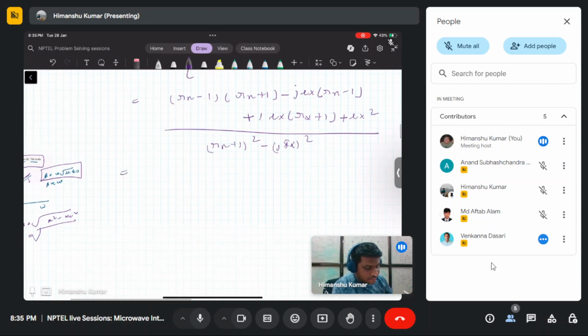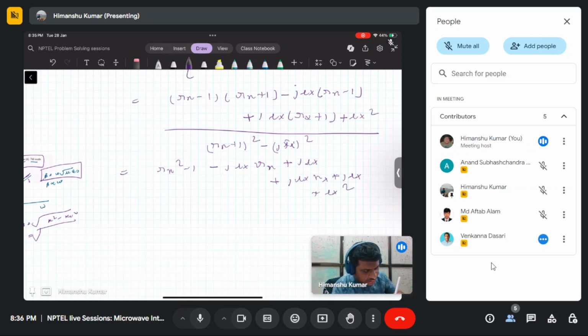So now if we simplify, this will become rx square minus 1, because this is a square minus b square, minus j times ix rx plus j times ix. Similarly, the other terms you can write as plus j times ix rx plus j times ix plus ix whole square.